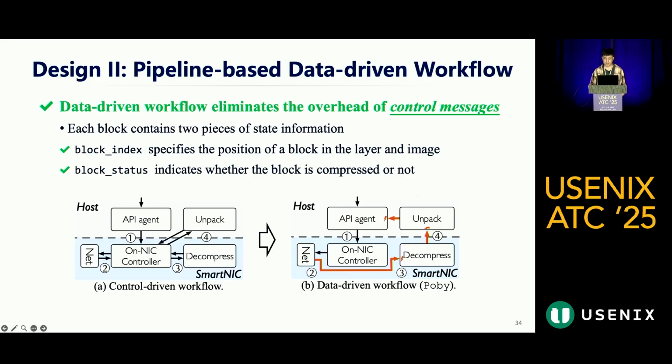Then we embed the block index and the block schedule in each block to enable self-driven data flow. The block index specifies the position of a block in the layer and the image, and the block schedule indicates whether the block is decompressed on a remote node or not. With this, each pipeline stage can automatically process and forward blocks without centralized coordination.